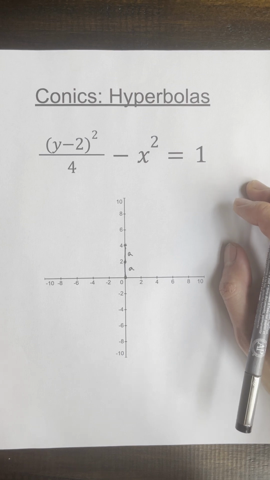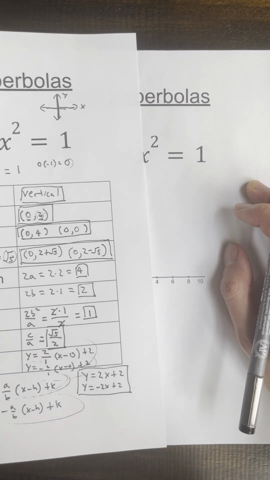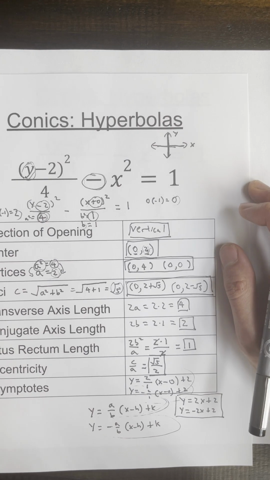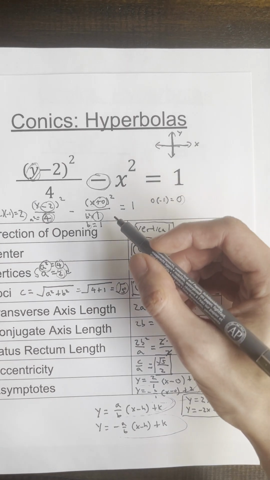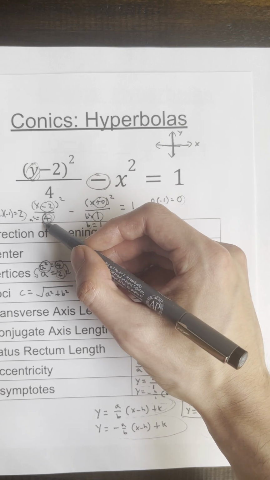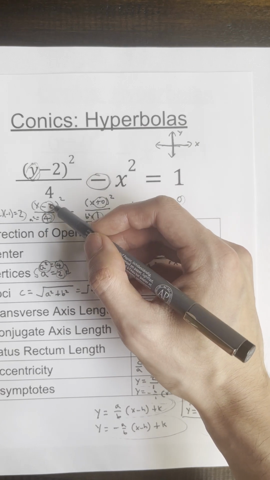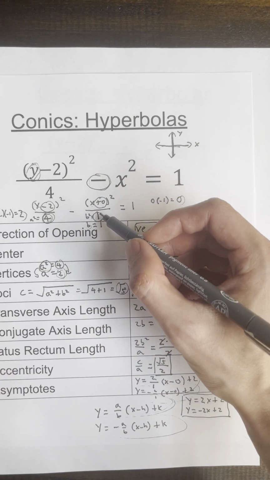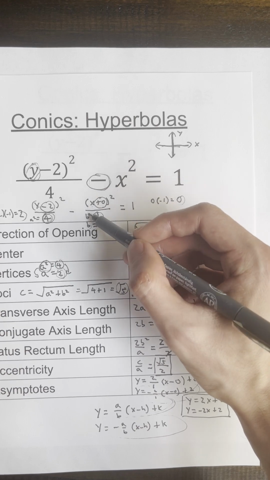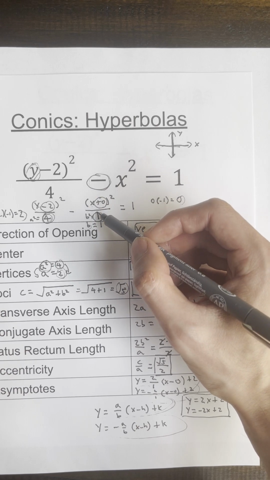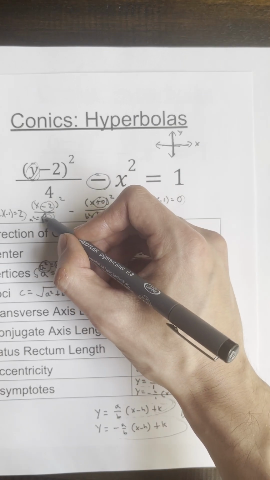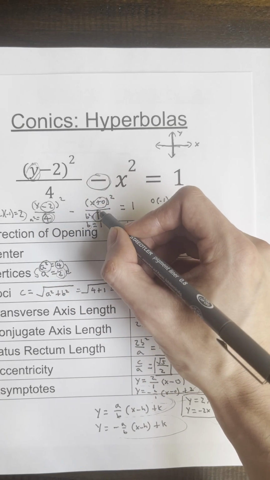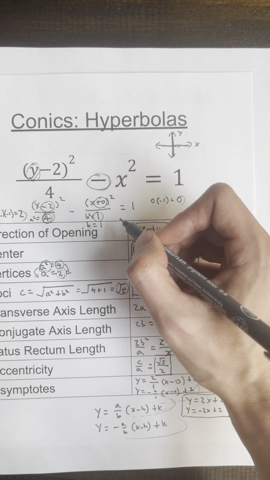So just make a mental note of this. And b was how much again? Remember, to find a, you can just look at the denominator in the first fraction. To find b, you can look at the denominator in the second fraction. You have to take the square root though, right? A is the square root of this. B is the square root of this. So b was 1.